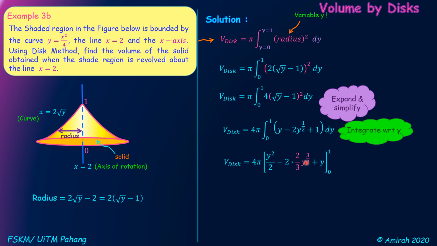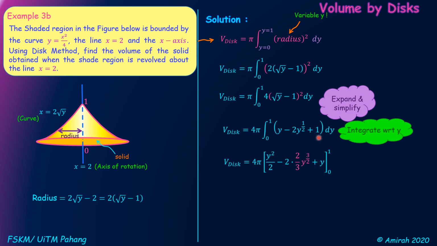So we get y to the power of 3 over 2. After that, we must divide by 3 over 2. Since we divide by a fraction, we can change to multiplication, so over 3 over 2 we can change to multiplication by 2 over 3. That's why we get this.